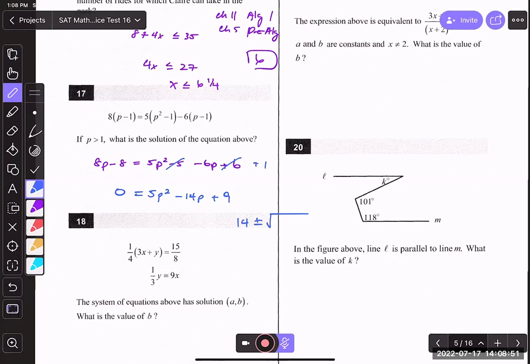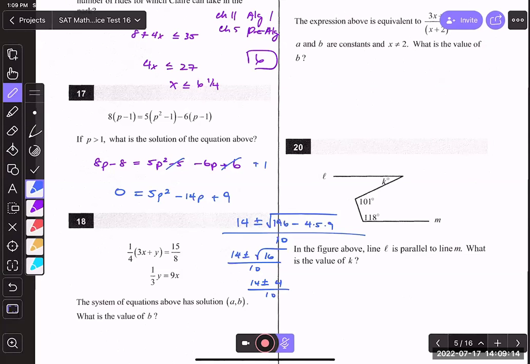You get 14 plus or minus the square root of 196 minus 4 times 5 times 9, divided by 10. Does that look good to you? Yeah. Which is 14 plus or minus the square root of 16 over 10. So that's 14 plus or minus 4 divided by 10.